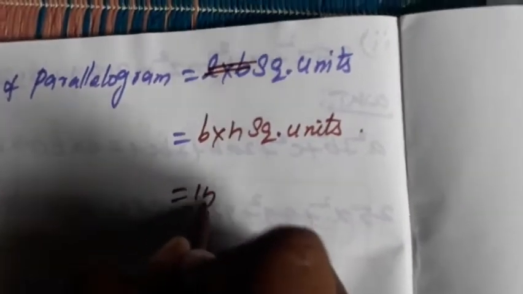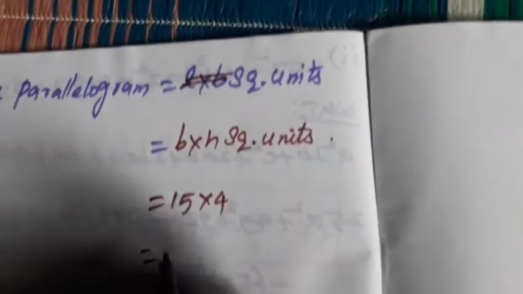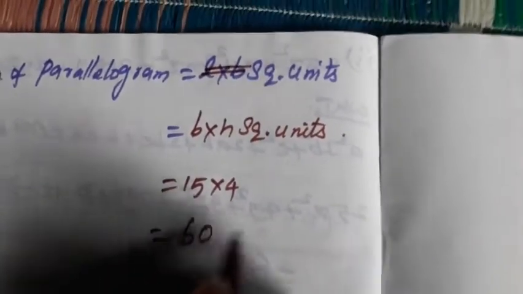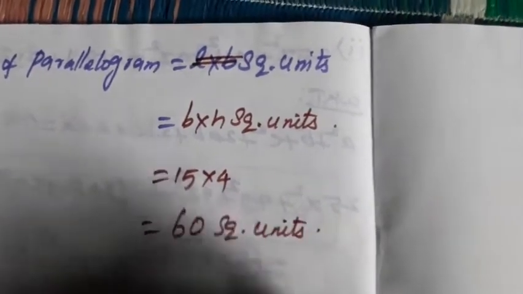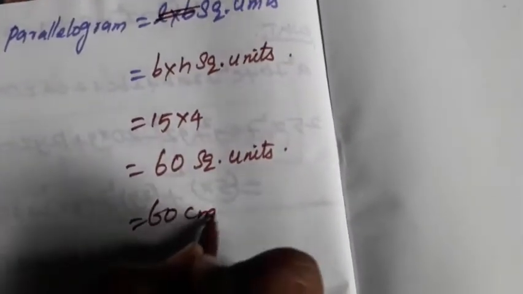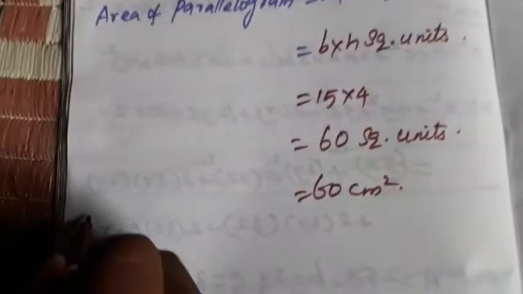Therefore, 15 into 4 is 60 square units. Since the given unit is centimeter, it is 60 centimeter square. This is the area of the parallelogram.